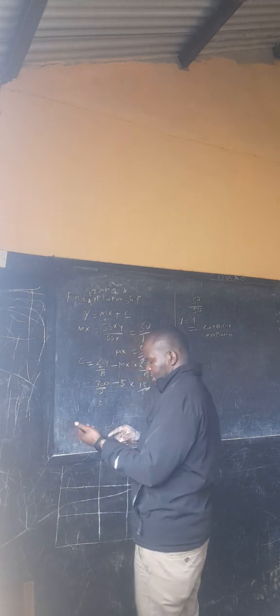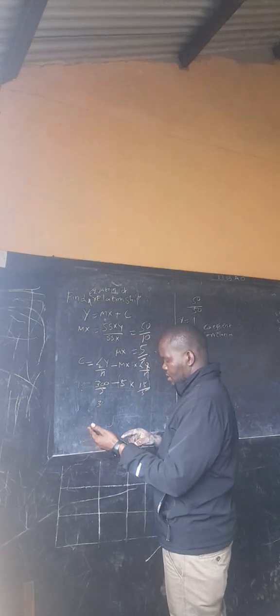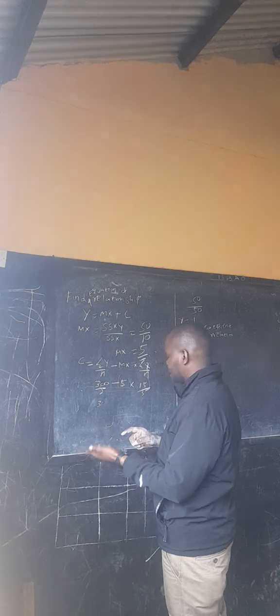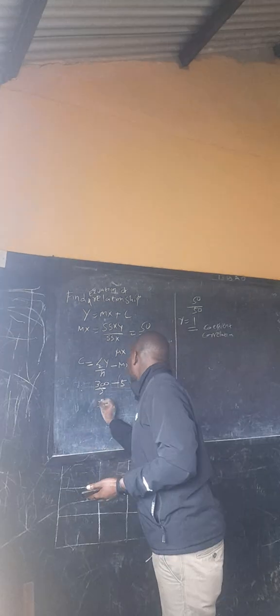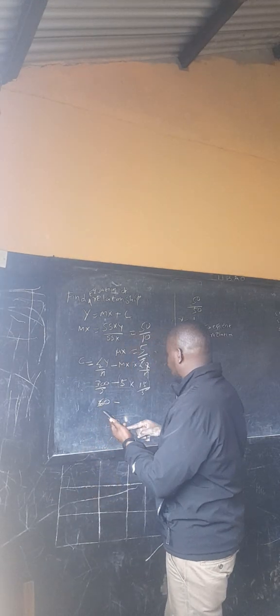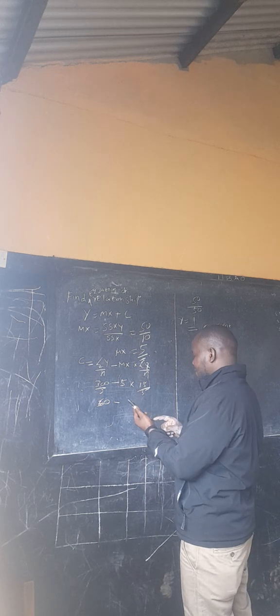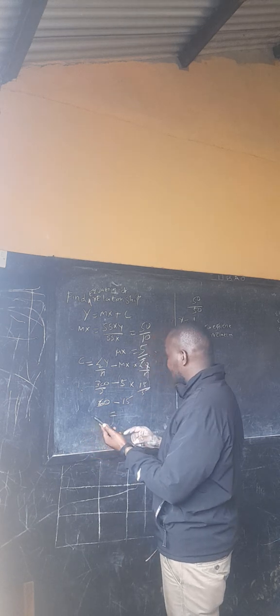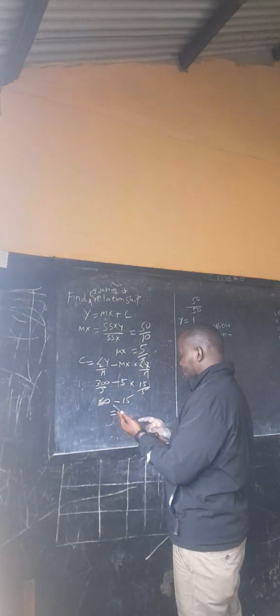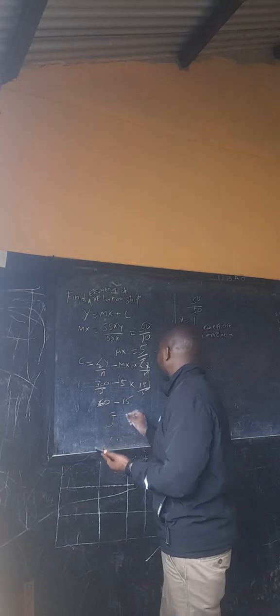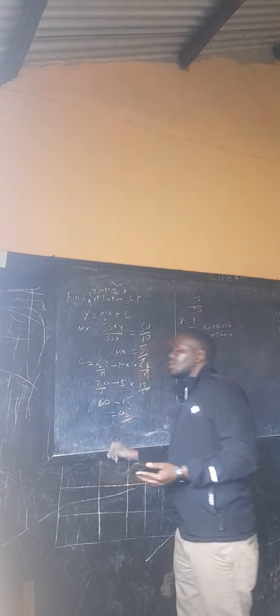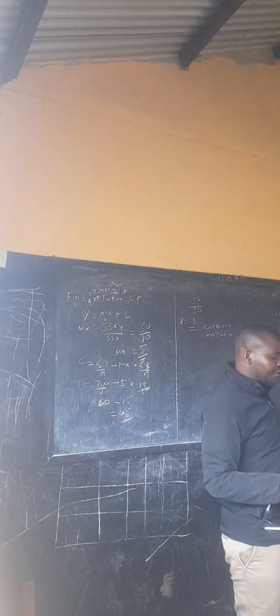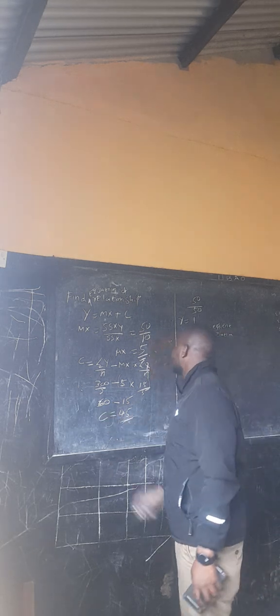You do first 300 divided by 5, you will get 60, minus 15 divided by 5, which is 3, times 5, you get 15. So you subtract 60 minus 15, you get 45. So 45 will be your c.